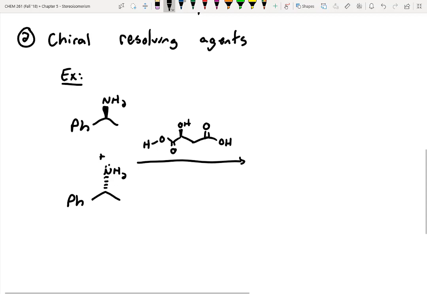We know amines are pretty good bases. So if you've got an amine, that top amine could grab a proton, or the bottom amine could grab that proton. You have an equal chance, right? They have the exact same physical properties, exact same pKa, exact same basicity. So either one of those could steal the proton from the carboxylic acid.